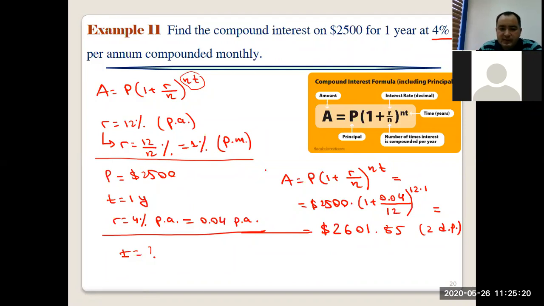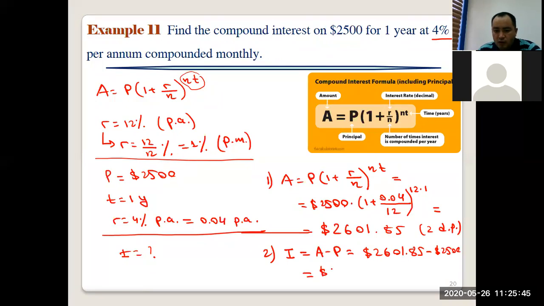That is the amount, our first step. The second step is we need to find the compound interest. Compound interest is equal to A minus P, and A is 2601.85 minus 2500, which is equal to $101.85. This is how we calculate this kind of question.